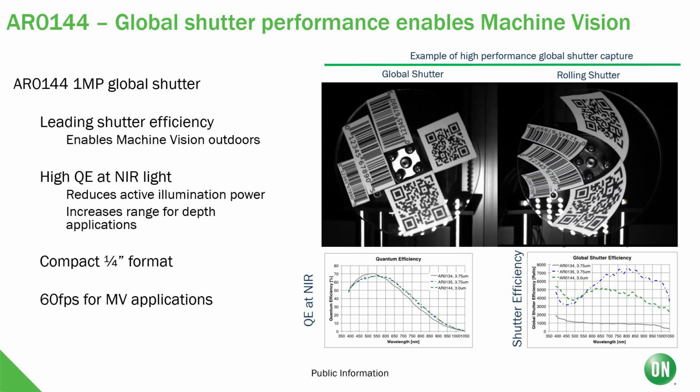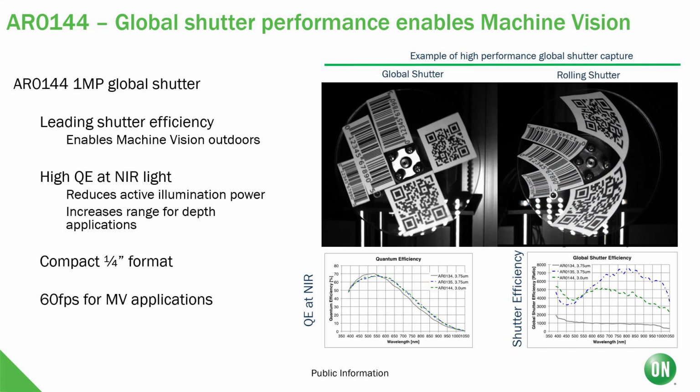So much of the machine vision algorithms are not about capturing a visible image. They're about capturing an image to do some type of processing. In many cases, we operate just outside the visual spectrum near IR. So it is important to look at your image sensor's QE, quantum efficiency, or sensitivity at near IR frequencies.